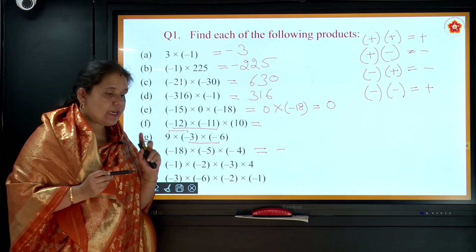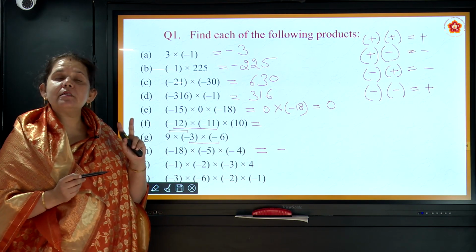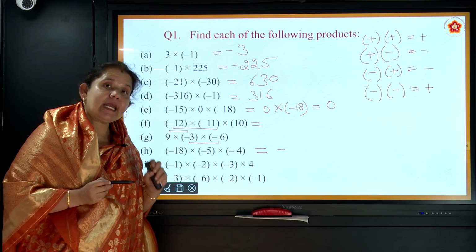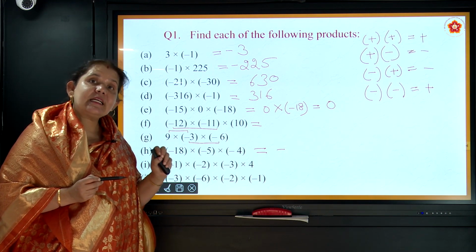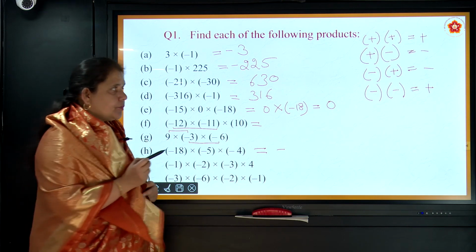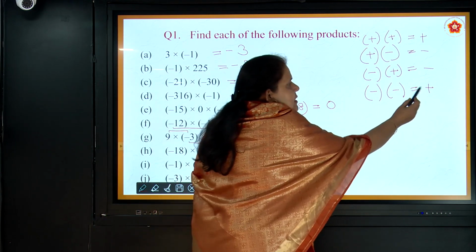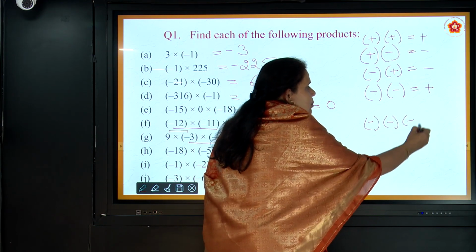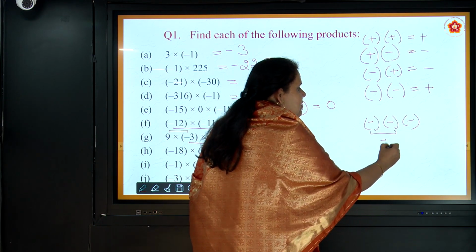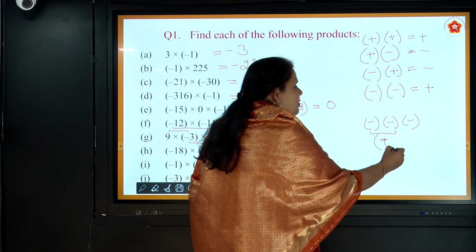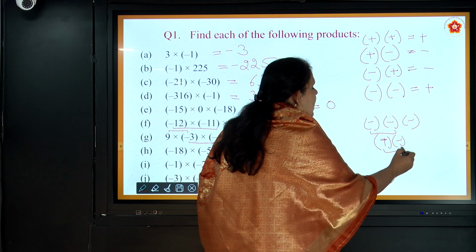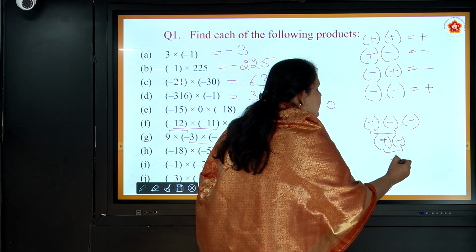So now you see, if we have two negative numbers, our answer comes positive. But what happens if we have three negative numbers? Our answer comes negative. Two negative numbers, answer comes positive. Now if we have three negative numbers, for these two, answer will come positive. And then you have to multiply by one negative number and our answer will be negative.